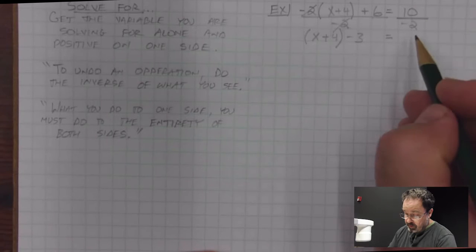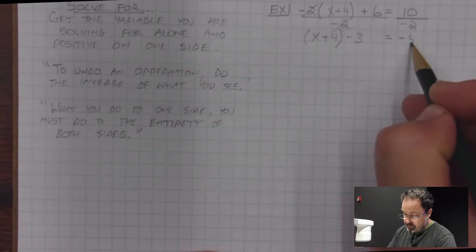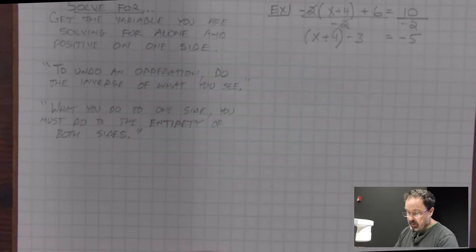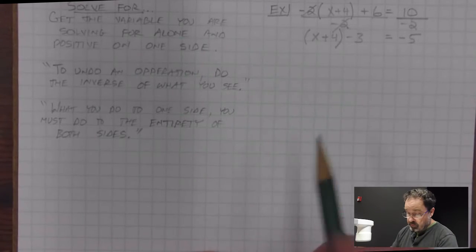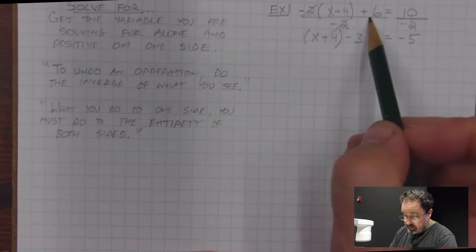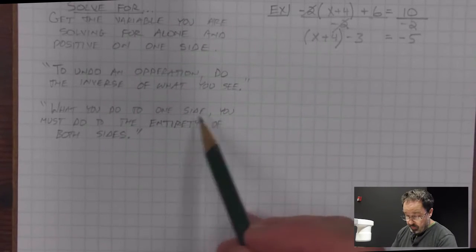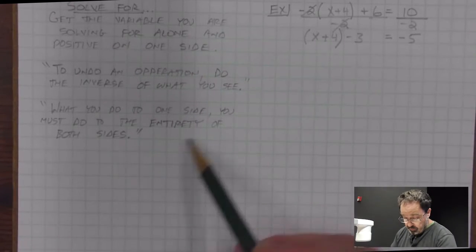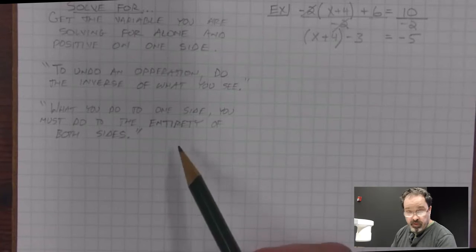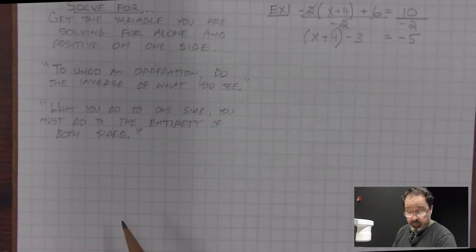A positive divided by a negative makes it a -5. It might have been easier to subtract 6 from both sides as our first step, but we understand why this here can help us take any step we wish as long as we do it correctly.